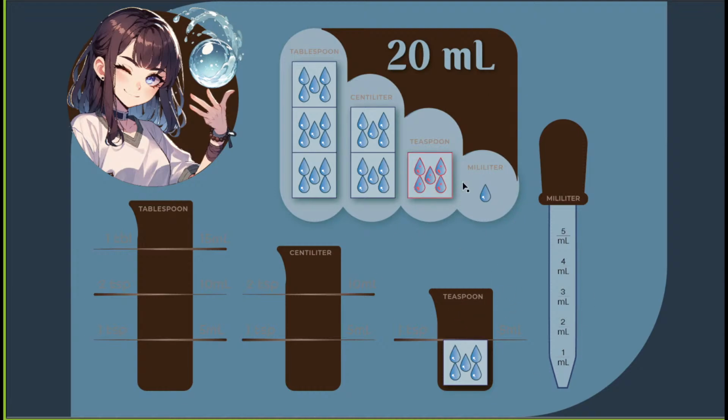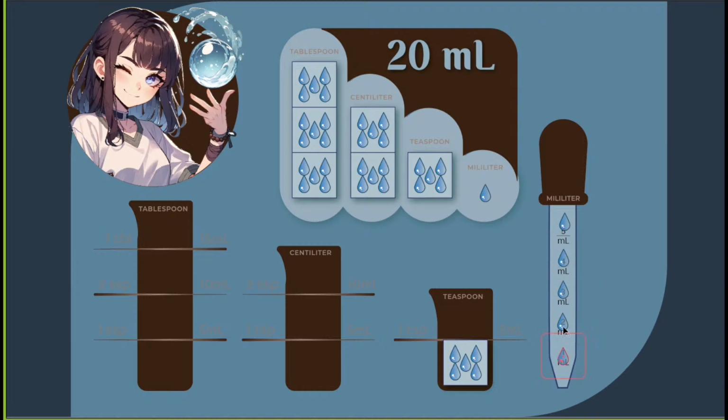Let's keep on filling up our milliliter dropper. Now we have 1, 2, 3, 4, 5 milliliters. Again, the dropper's full, so we need to put all 5 of these drops inside of a container. But hold up, this is some pretty important medicine.